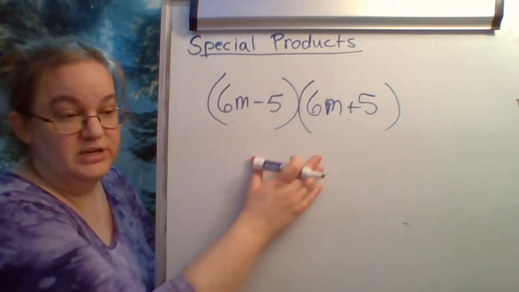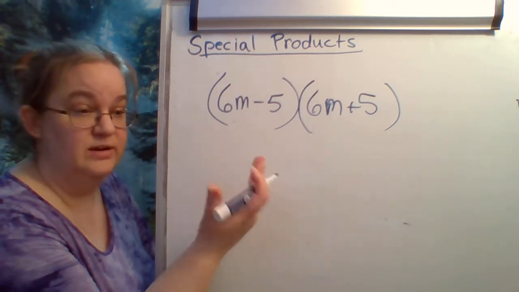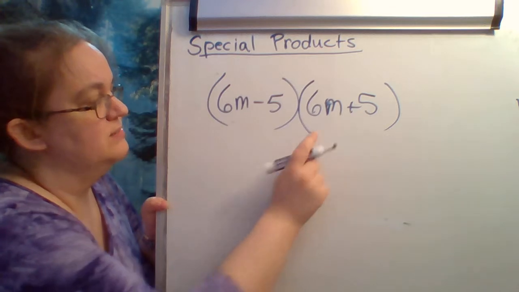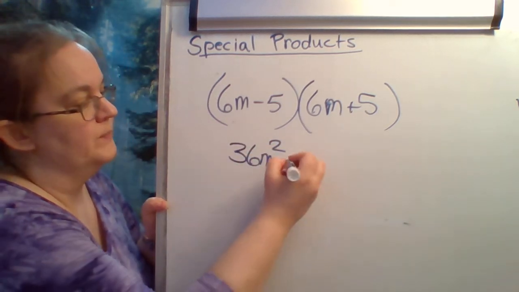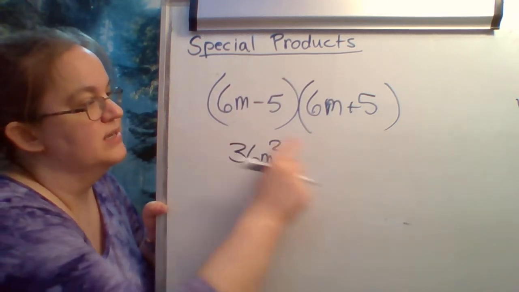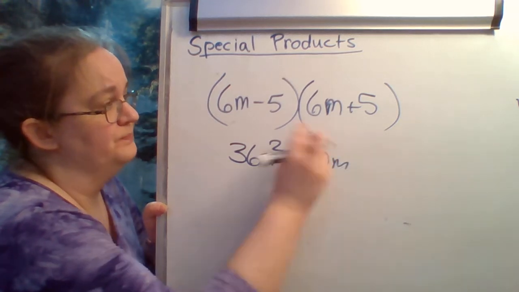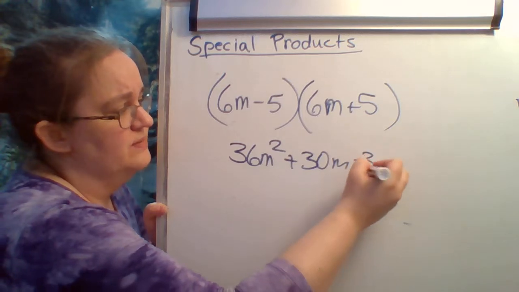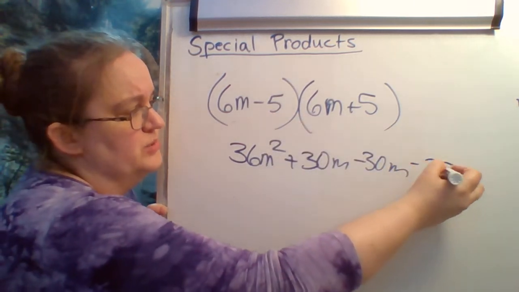So I'm going to do what I just did, but again, you could use the format of practicing this. Okay, so 6m times 6m is 36m squared, because you're multiplying the coefficients together too. 6m times positive 5 is 30m. Negative 5 times 6m is negative 30m. And negative 5 times positive 5 is minus 25.